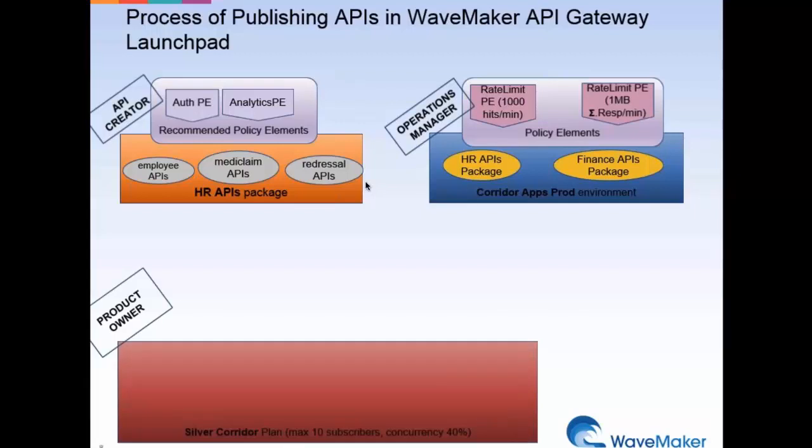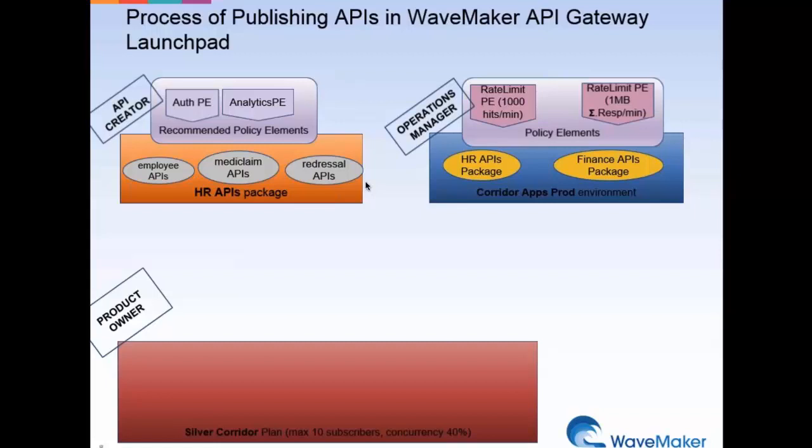The product owner, who is primarily the business front end to the API consumers, knows how these plans will be consumed and what kind of plans the API consumers are looking for. Based on that, he creates a plan. In this case, let's say he's creating a silver corridor plan, and he says, okay, I am expecting a maximum of 10 subscribers to this plan, and a concurrency level, meaning 40% of the subscribers may access this API concurrently.